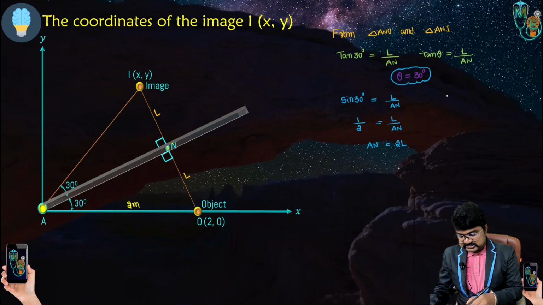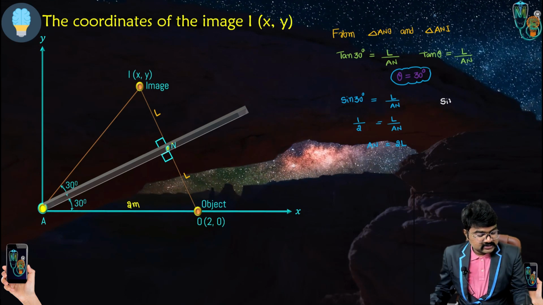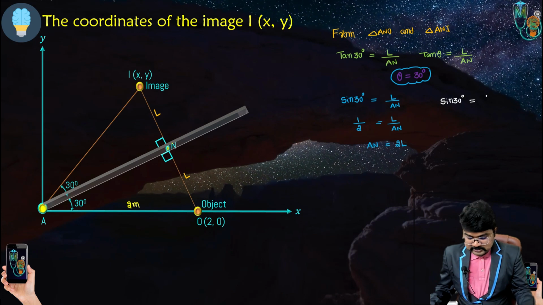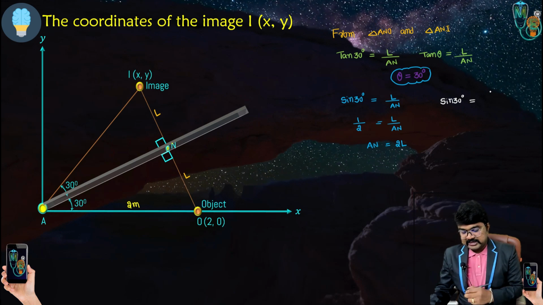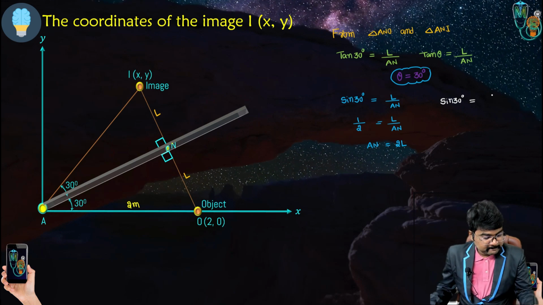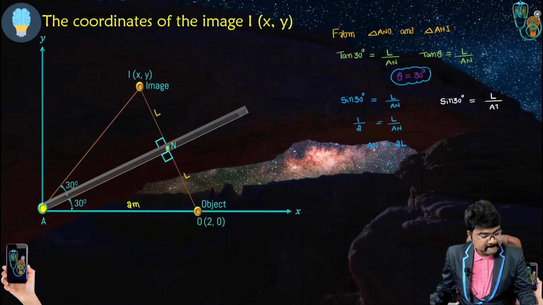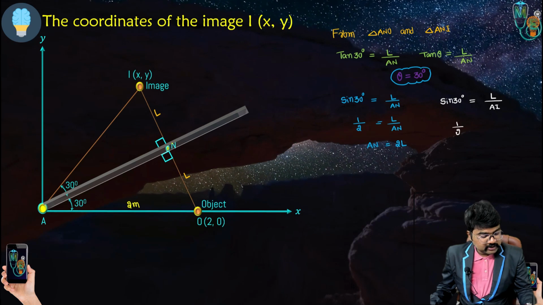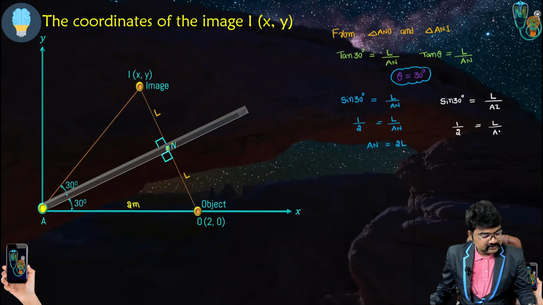Now from triangle ANI, what is sine 30 degrees? Tell me.